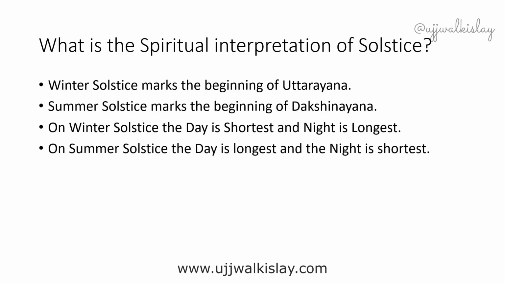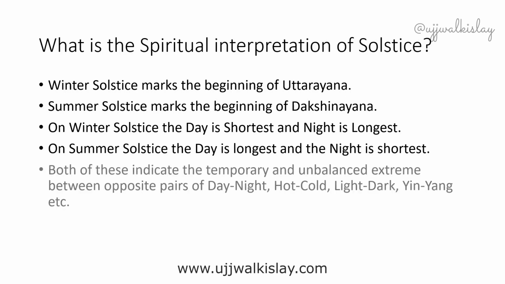On summer solstice, the day is longest and the night is shortest. Now, both of these indicate the temporary and unbalanced extreme position between opposite pairs of day or night, hot or cold, light and dark, yin yang, or whatever name you may call it.